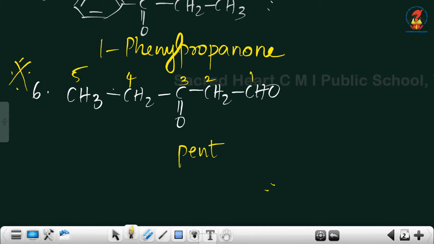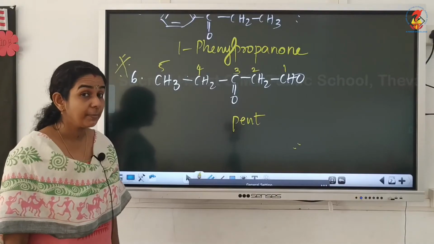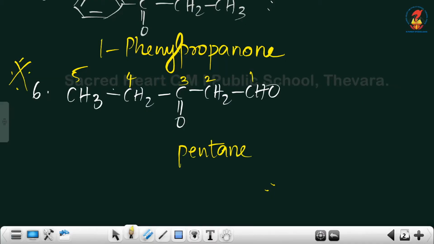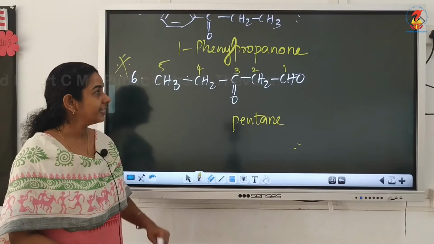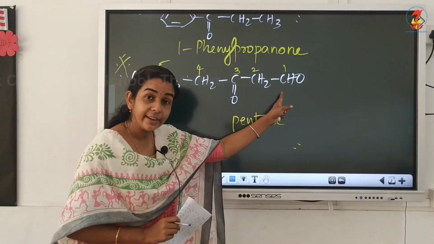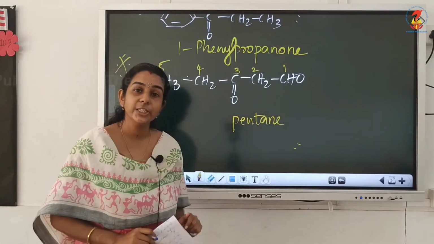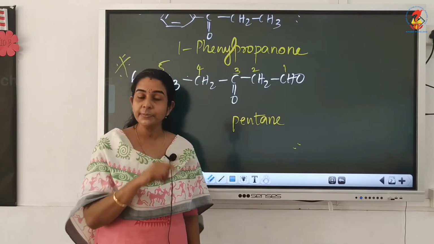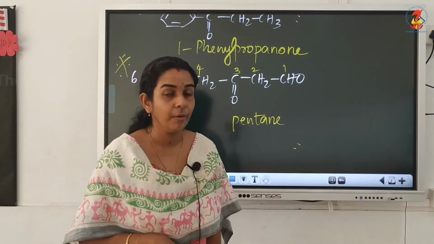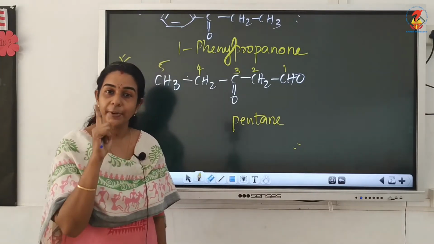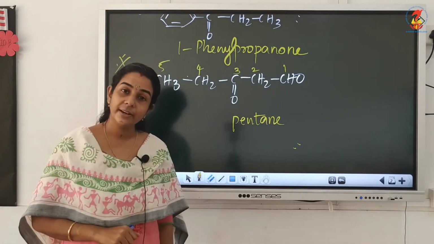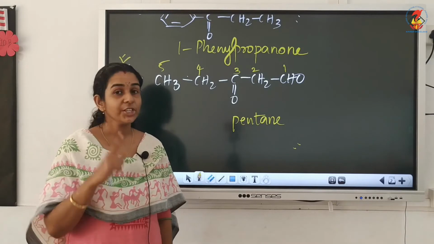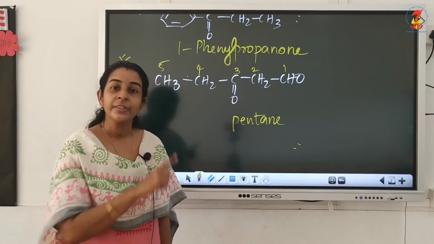And these 5 carbon atoms are singly bonded, so the primary suffix will be ane. Now, which are the functional groups present here? We have aldehyde group as well as keto group. When there is more than one functional group in a compound, we have to check the priority order. So, aldehyde and ketone, when we compare the priority, which has highest priority? Aldehyde.